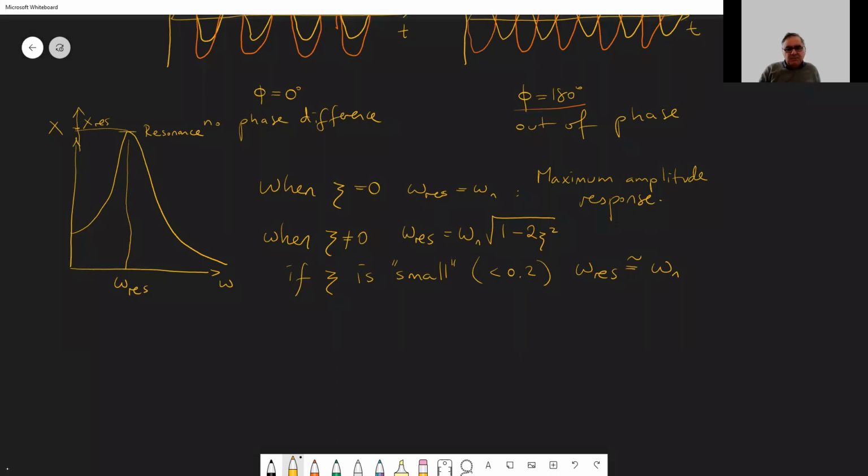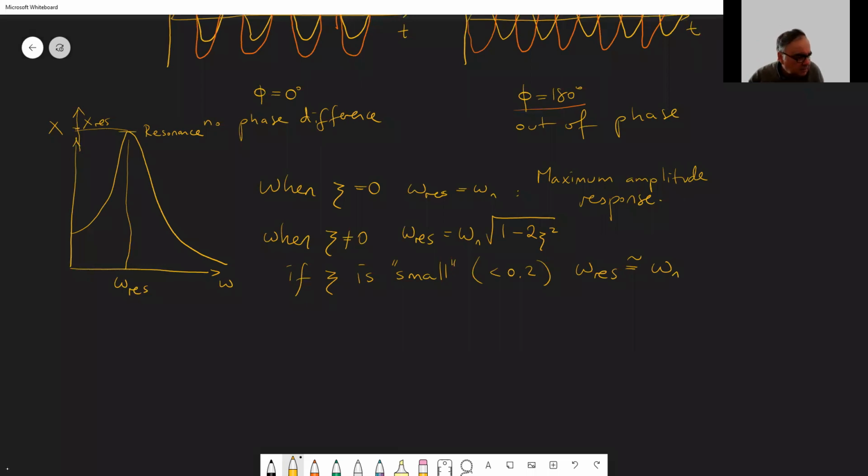And the resonant frequency, for practical purposes, if you have low damping, you can always assume that it is equal to the natural frequency, but not always.